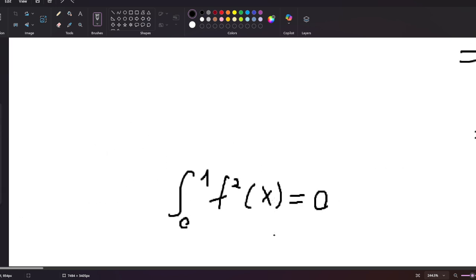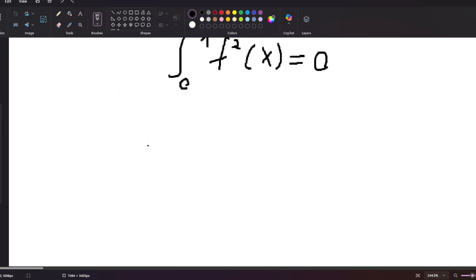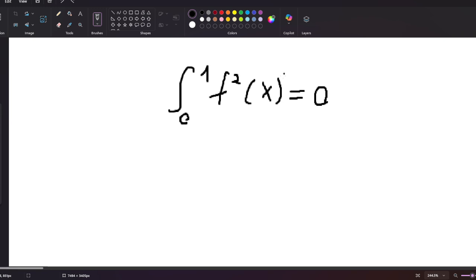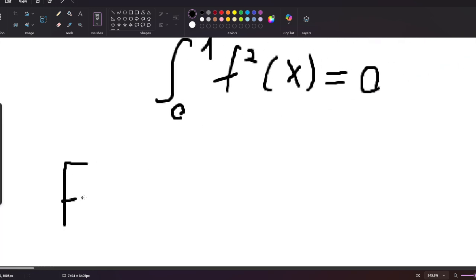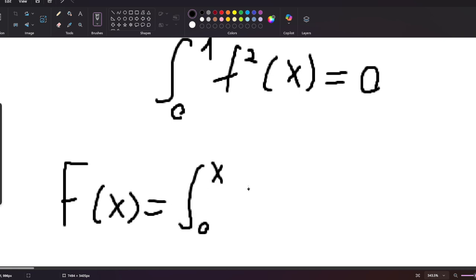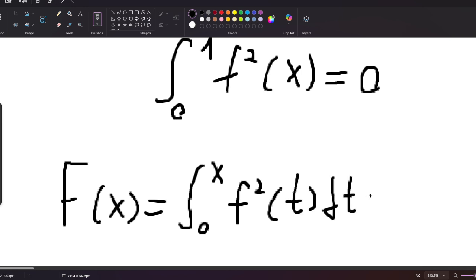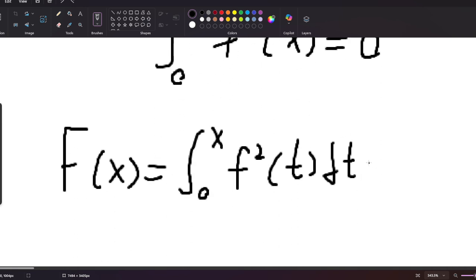Alright. Now, this also implies that if we were to take capital F of x as the integral from 0 up to x of f squared, let's call the variable t, it's just more conventional, it's also going to be 0.